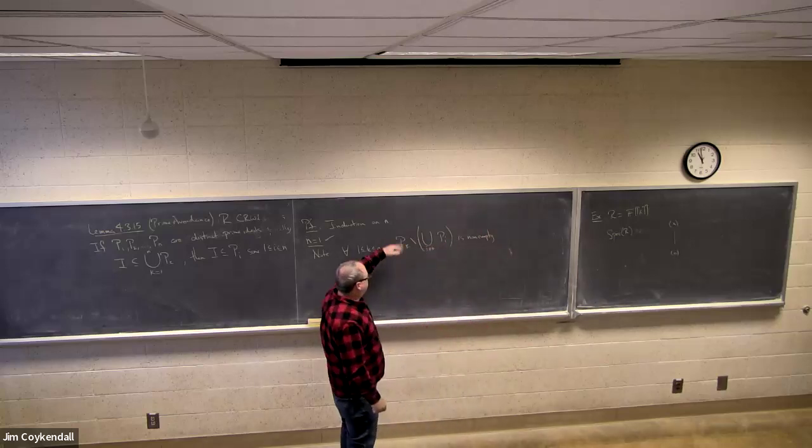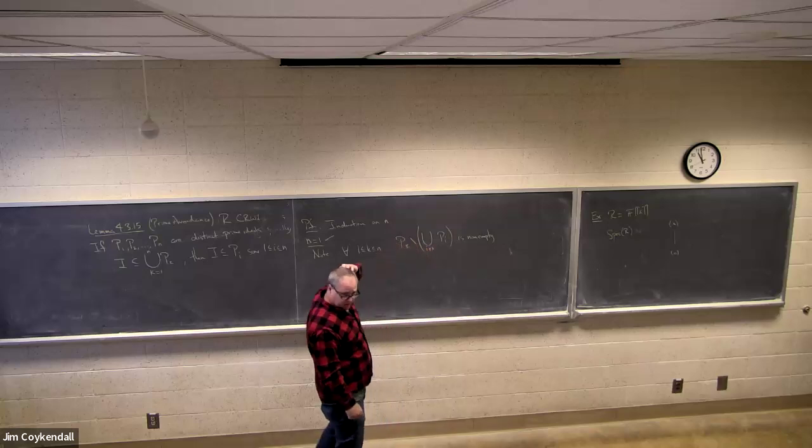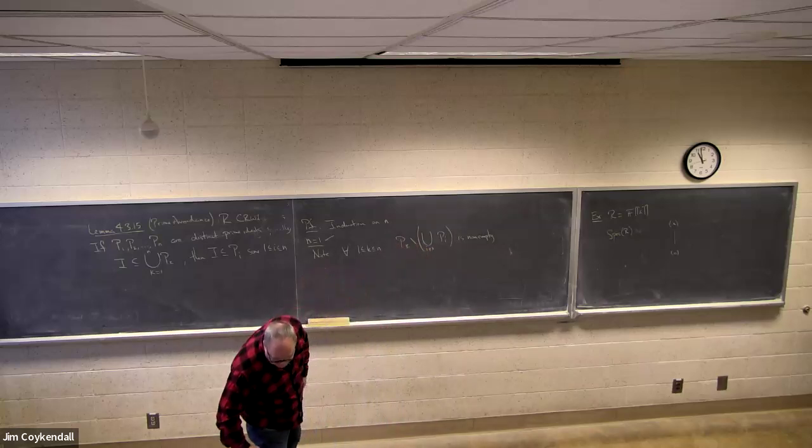So in other words, if you take any of these primes and you pull out everything that's in at least one of the other primes, distinct from k, this must be non-empty.